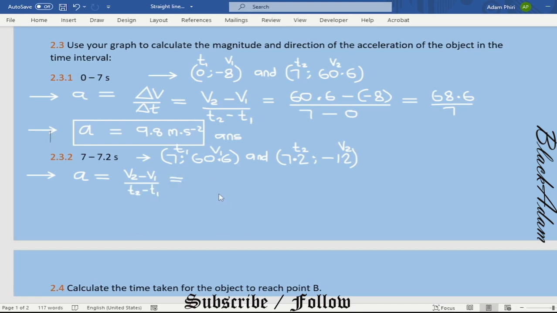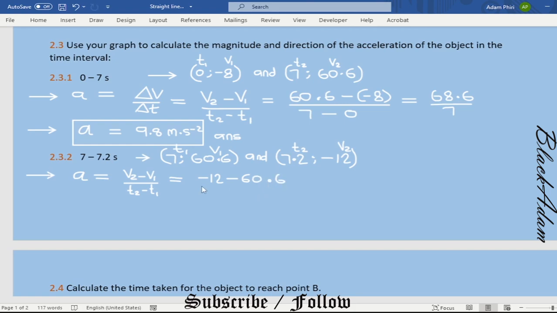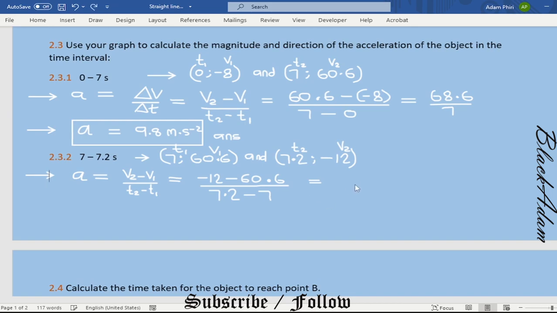So -12 minus 60.6 gives us a negative value, over 7.2 minus 7.